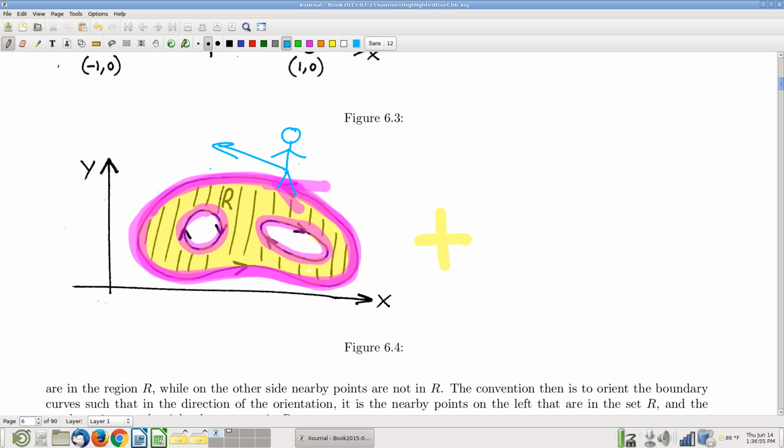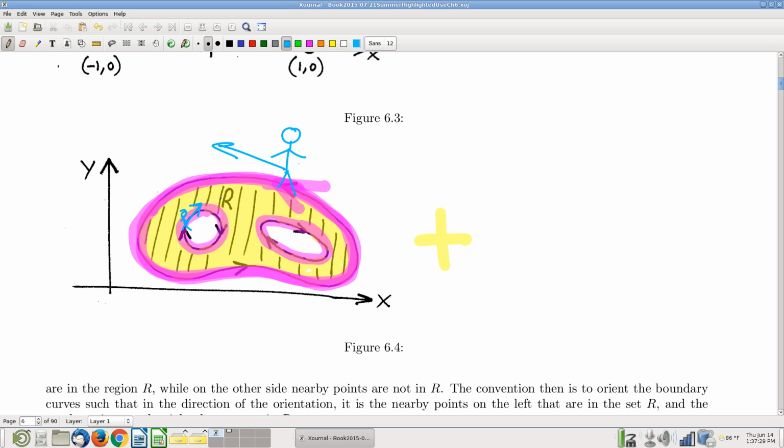As you're walking along the boundary, the region's on your left, and emptiness is on your right. Notice that has me going counterclockwise around the outside, but notice that has me going, here's a smaller little me there, I have to go that way on this inside boundary. I have to go that way so that the region is on my left, and that has me going around clockwise, not counterclockwise. Everybody see?